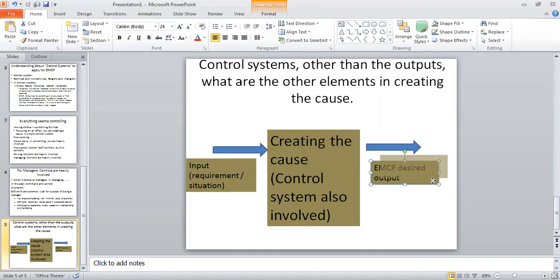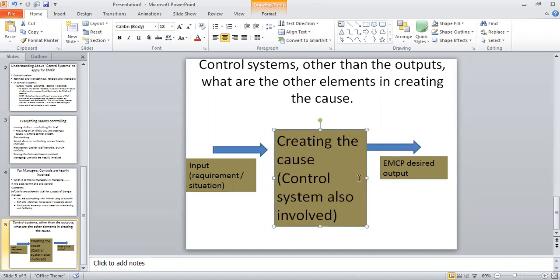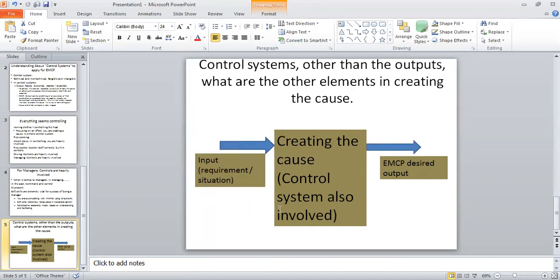Example, if you are in the dairy industry, daily milking from the cows is a process. But you may have quality assurance and quality control also working on these processes. So in creating the cause, control systems are also involved. So it is more than a system, of course. So our focus is how we incorporate control system. That is the important thing we are focusing.